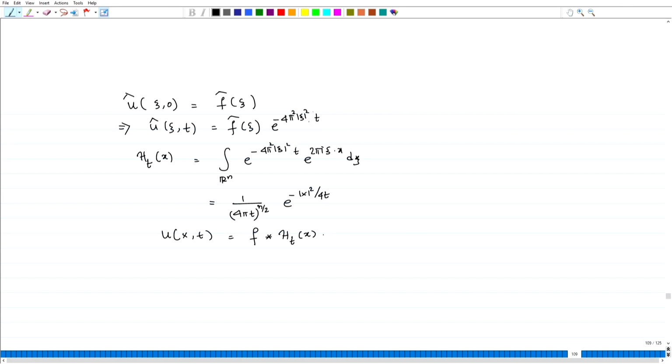Now, next, if we want to compute the steady state heat equation, this is nothing but delta of u plus del square u by del t square equal to 0, and u of x comma 0 is equal to f of x.